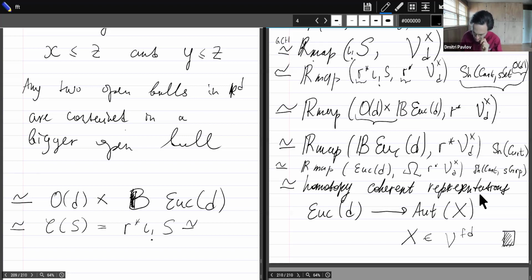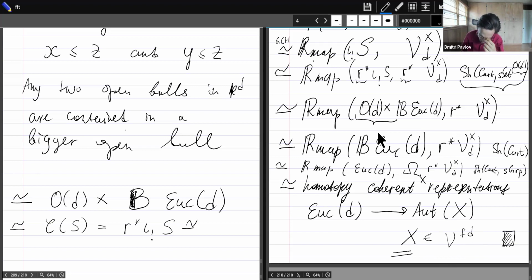Because this simplicial object has a unique base point, and this base point is mapped to some point here, which will pick an object X for you, a fully dualizable object in V. And so what I really should say is loops based at X here.